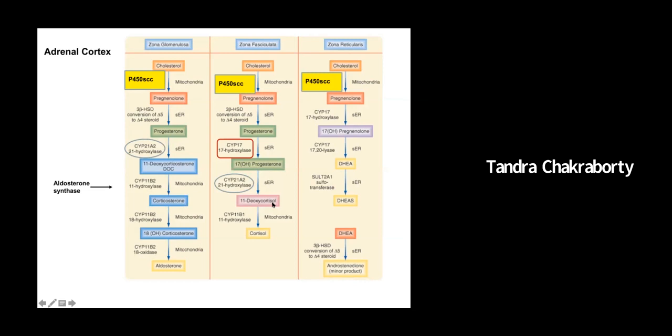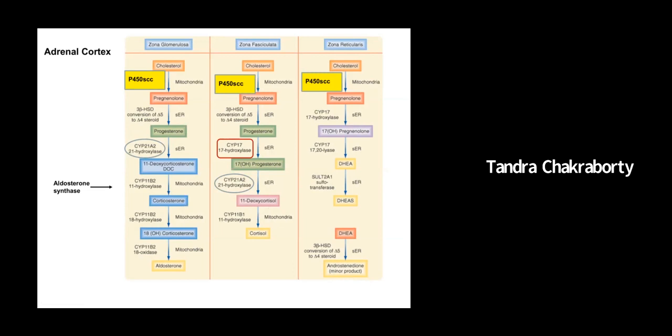Okay, as such, the last step takes place in the mitochondria. As you can see in here, both steps are in the mitochondria, but the product in case of zona glomerulosa is aldosterone, but in case of zona fasciculata, the product is cortisol.